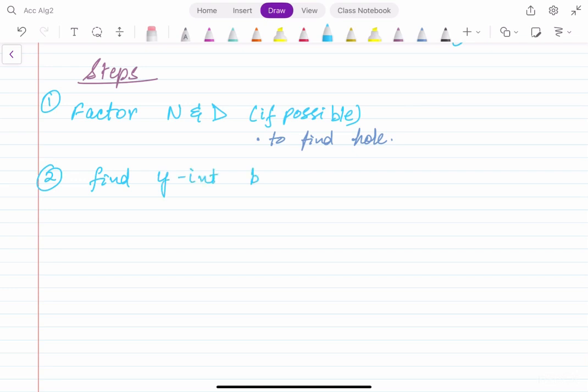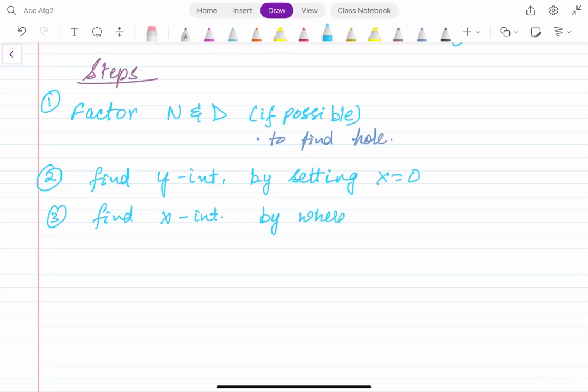To find the y-intercept, we set x equal to 0. That will give you the y-intercept. The next step is to find the x-intercept, where each factor of the numerator is 0. When finding the x-intercept, we put y equal to 0.